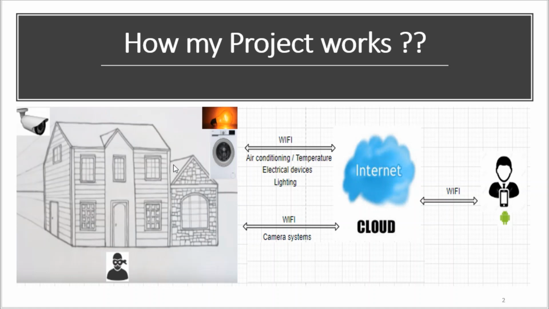So our house connects with Wi-Fi to the internet, and at the same time the house is connected to the camera by Wi-Fi. After connecting to Wi-Fi, the Wi-Fi is connected to the Android application that will be used here.